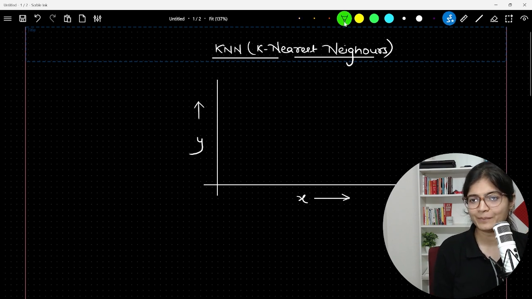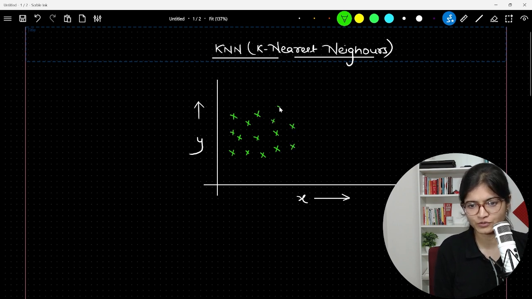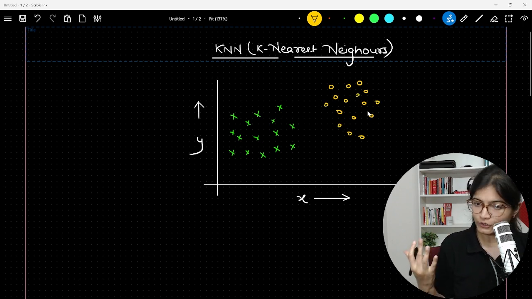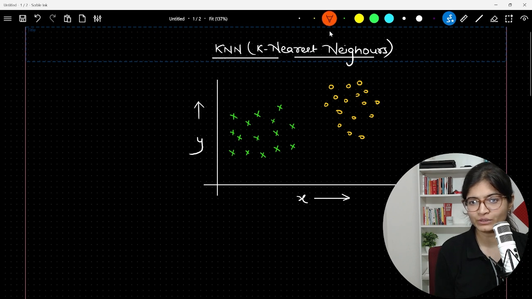Now, what usually happens is, let's say you have one class which belongs to these particular data points. Okay? Then you have another class which belongs to this particular category, right? Let's assume this is another category of class, data points that we have. Now, let's say a new data point comes into the picture. This is the new data point.